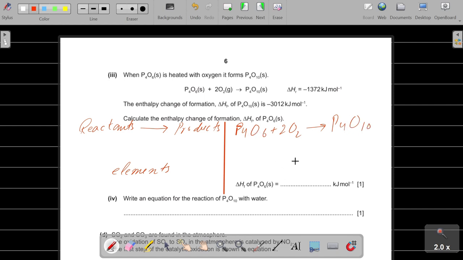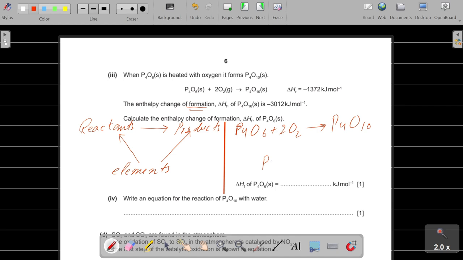Now I need to write the elements here, because elements combine together to make the reactants, and when these elements combine together, we will get this product. Whenever you have a question related to formation, you need to draw elements from lower side to upper, low to high. So what are the elements? The first element is phosphorus. I'm writing here P4.